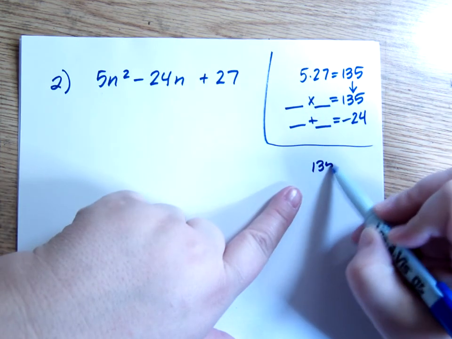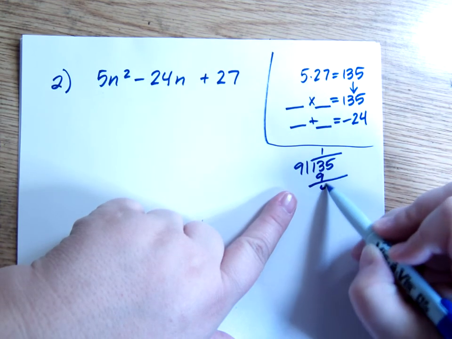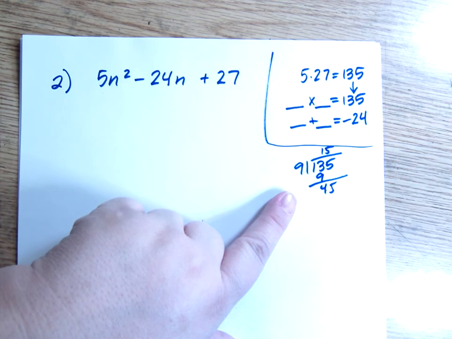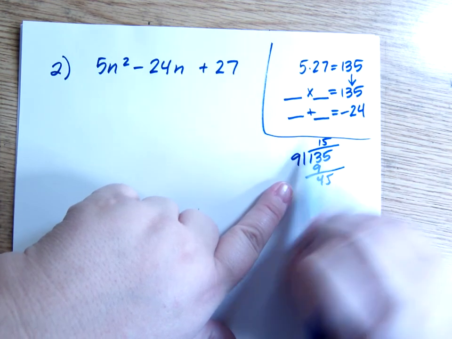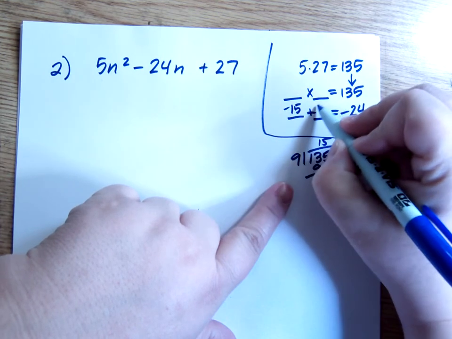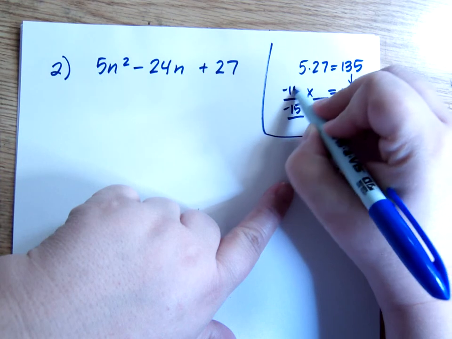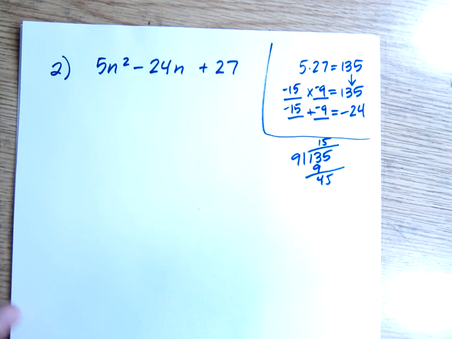So 135 divided by 9 is 15, 15 and 9. And sure enough, that works, because 15 plus 9 is 24, so if I make them both negative, they would multiply to give me positive 135 and add to give me negative 24.